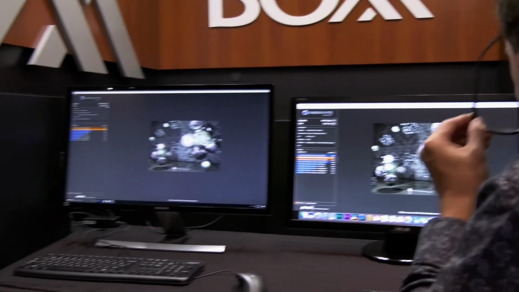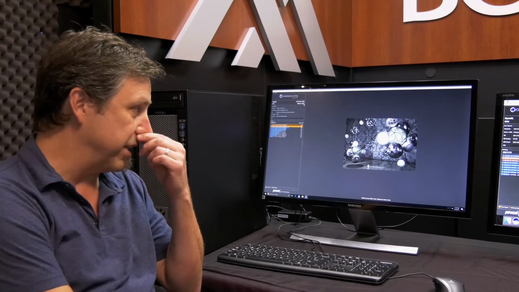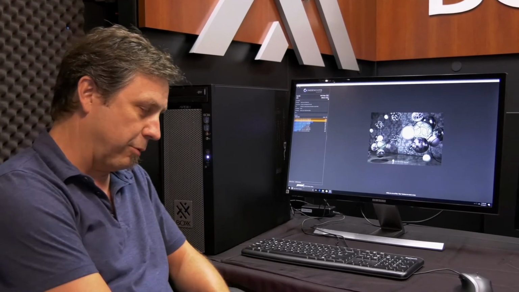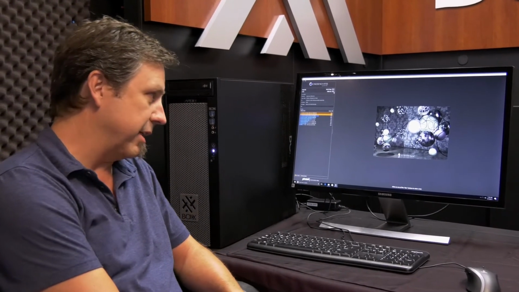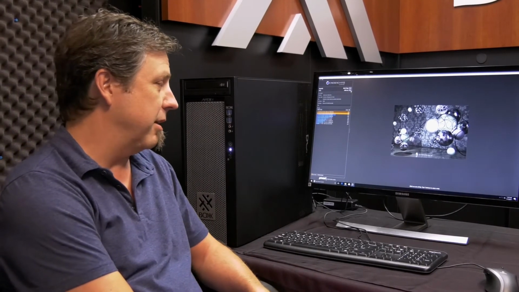Yeah. Well, just looking at this, a lot of people always associate OpenGL with gaming or real-time 3D rendering, but of course it goes well beyond that.